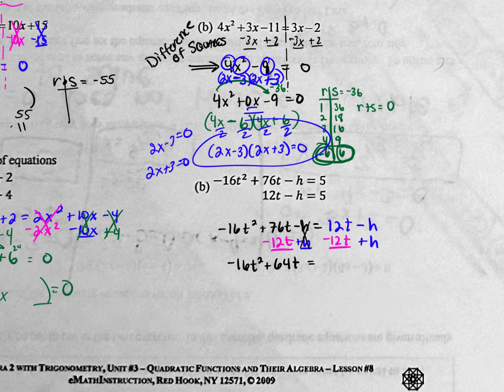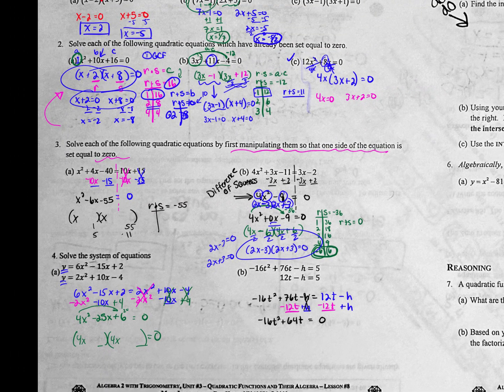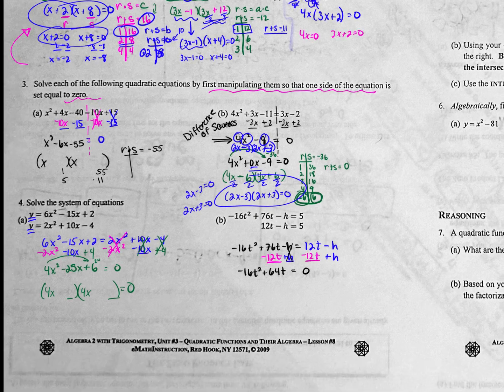And now we get 0 on the right hand side. So this is very similar to a problem we were talking about earlier up here at the top. Very similar to this one that only had two terms in it, and we could take a GCF out. This one's only got two terms as well, and we could just take a GCF out.